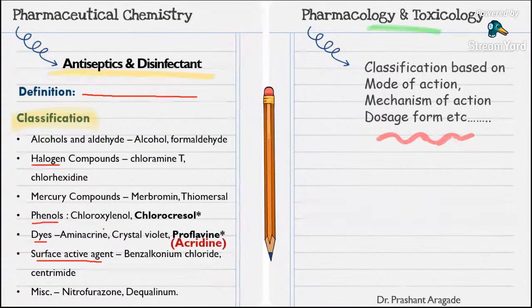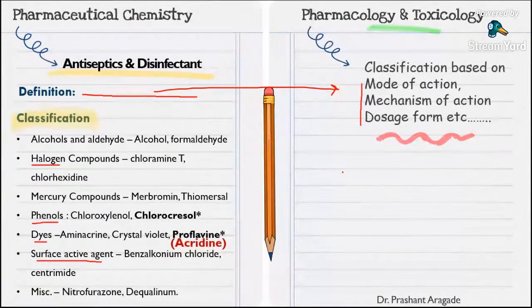And you have to write down the classification of pharmacology along with the definition. So here also you have to write down the definition on this page. So in front of pharmaceutical chemistry, there is the pharmacological classification, and in front of the pharmacology classification, there is pharmaceutical chemistry.